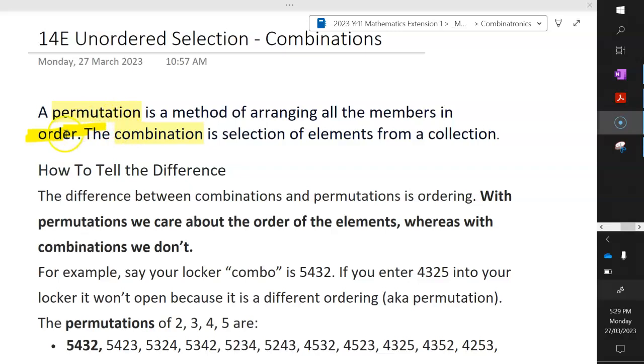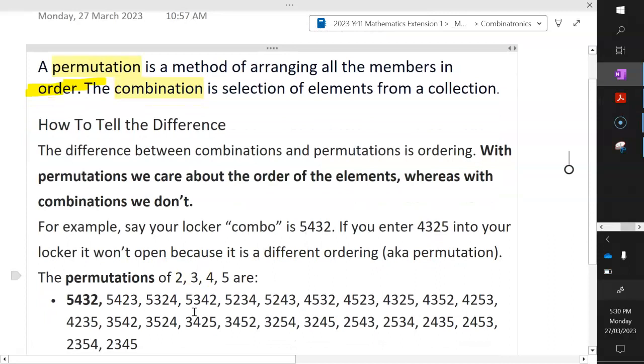So that's the first way to distinguish between them. A permutation has order, and we need to know the different orders or arrangements, and a combination doesn't. And there's a nice example below to help us tell the difference. Remember, with permutations, we care about the order of the elements, whereas with a combination, we don't.